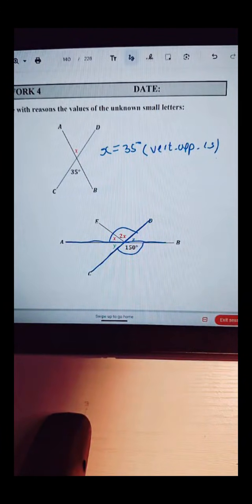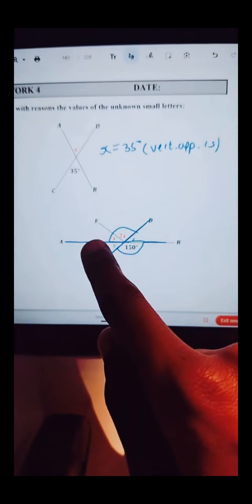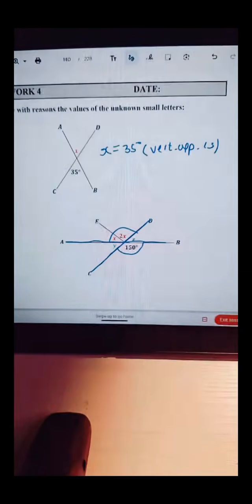Then remember, whenever you get something, you fill in. Please update your diagram. The minute you get a value, update your diagram so that when you look at your diagram again, you can apply the knowledge that you have and then get the other answers. So if that y is 30, it has a relationship with the z.